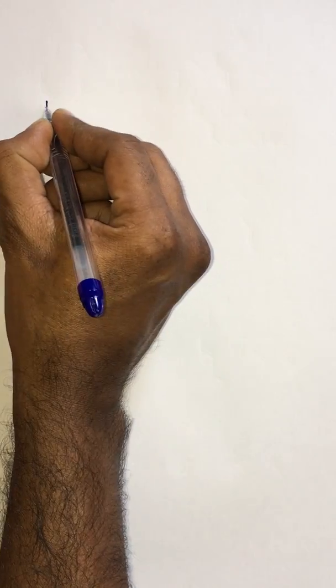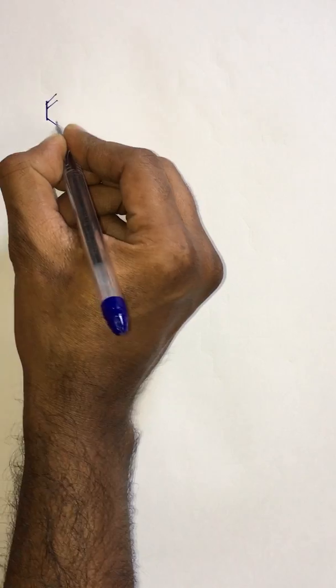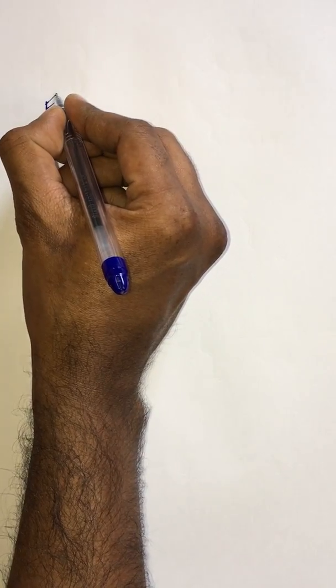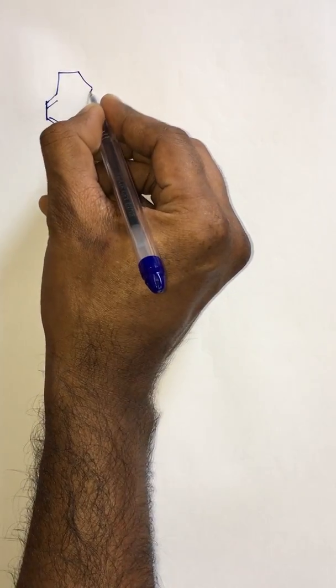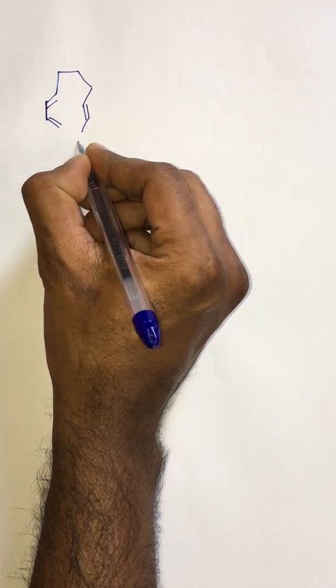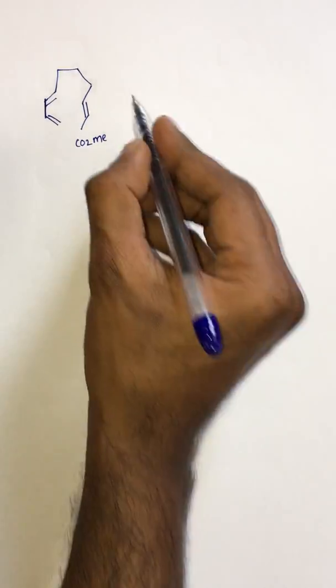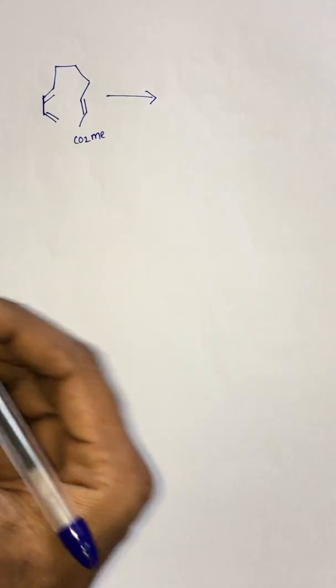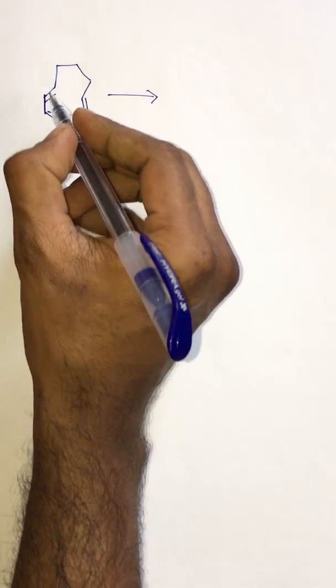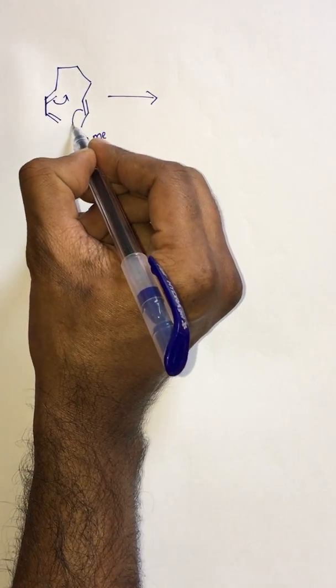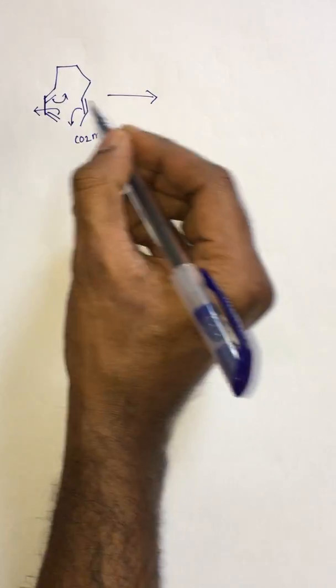So here we have these examples; you can find them in Carruthers' book. So here this bond goes here, this comes like this, and this goes here.